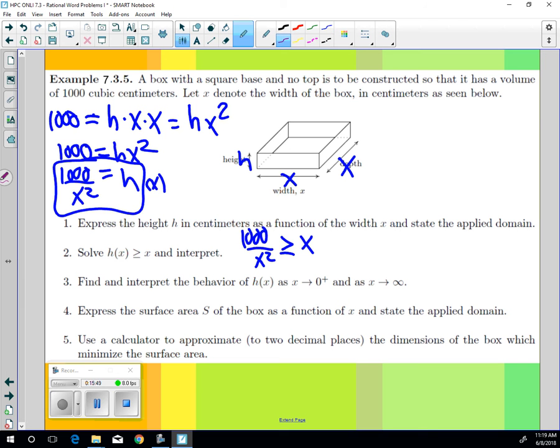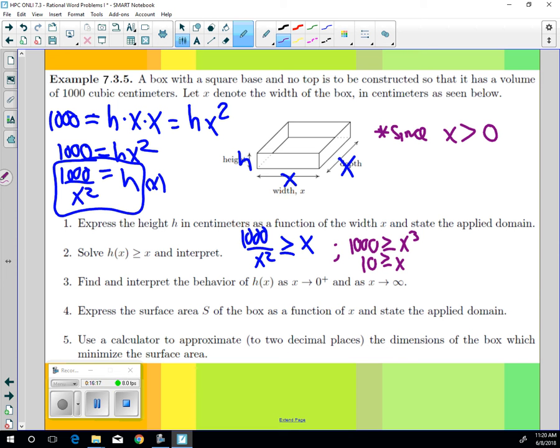Since x is greater than 0, then we can multiply this x to the other side and just get 1,000 greater than or equal to x cubed. Cube root both sides, x is going to be less than or equal to 10 as my domain.